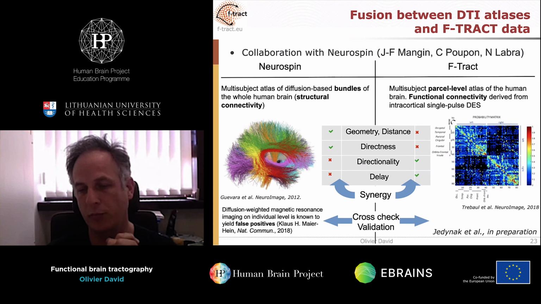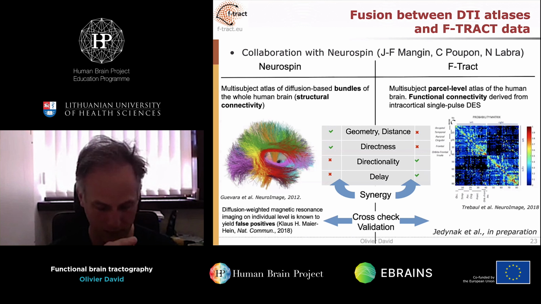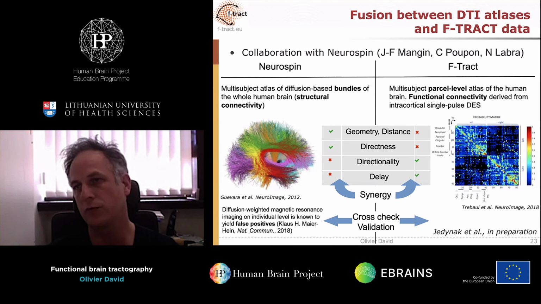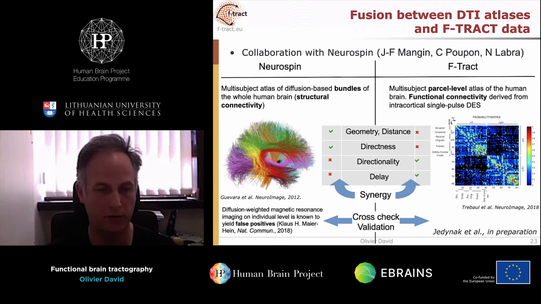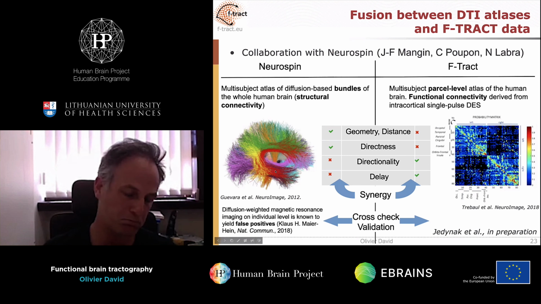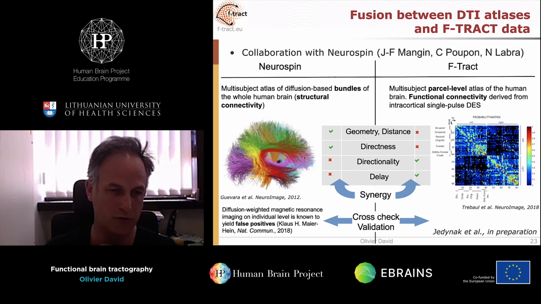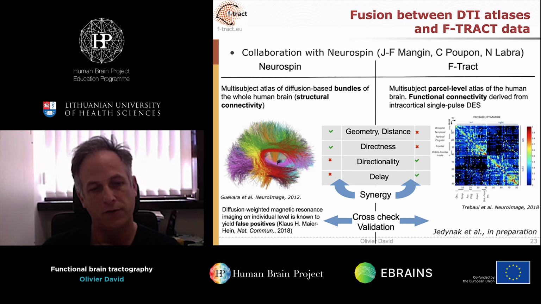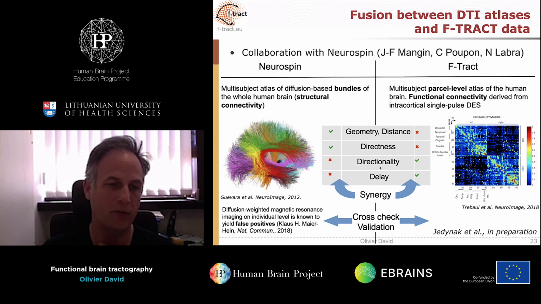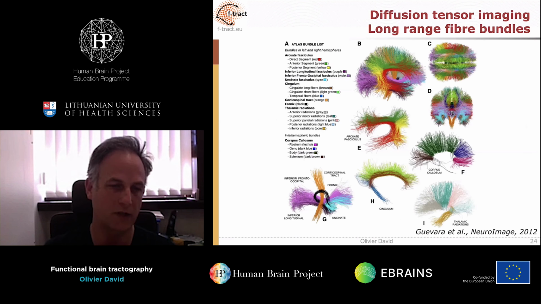So instead of developing the atlas at the cortical parcel level as I've been showing you so far, we want to do exactly the same, but using bundles as the mapping structure. In diffusion MRI, as I said, there is nice geometrical information, but there is no information on directionality and delay. So that's the main objective of the project.